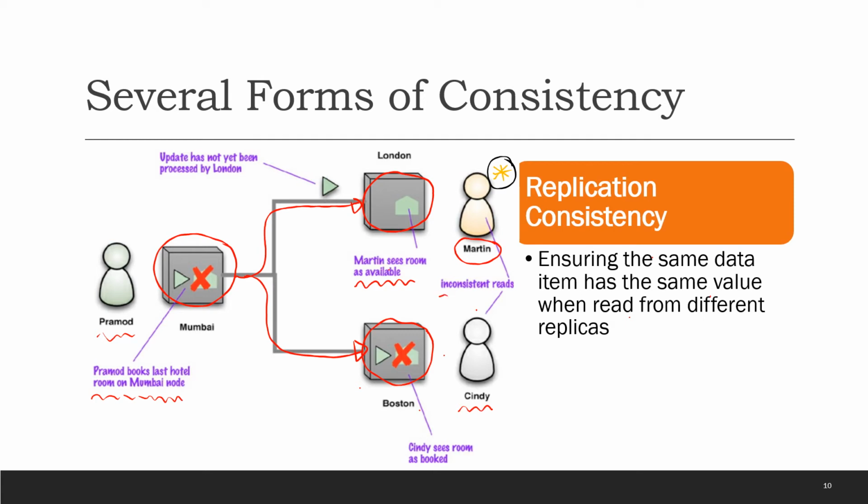And this is an example of what we call inconsistent reads, because the replication consistency cannot be maintained in good time. So this is an example of a possible problem that could occur due to replication consistency if it is not controlled properly.